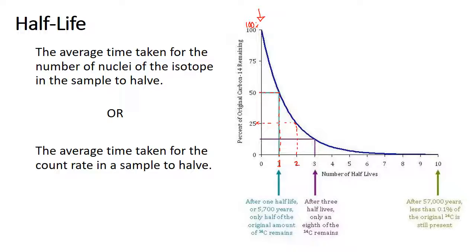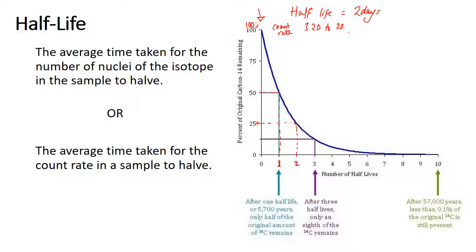Common questions include things like this, where they say the half-life of an element is 2 days. How long would it take for the count rate of that element to drop from 320 to 20?